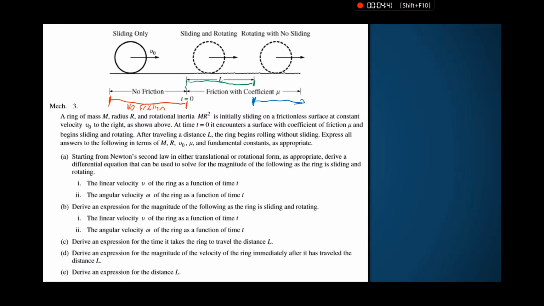We're going to start with Newton's second law. So that's the sum of all of our forces has to equal mass times acceleration. Okay, right now, what are all the forces that are acting on this hoop? What about horizontally though?